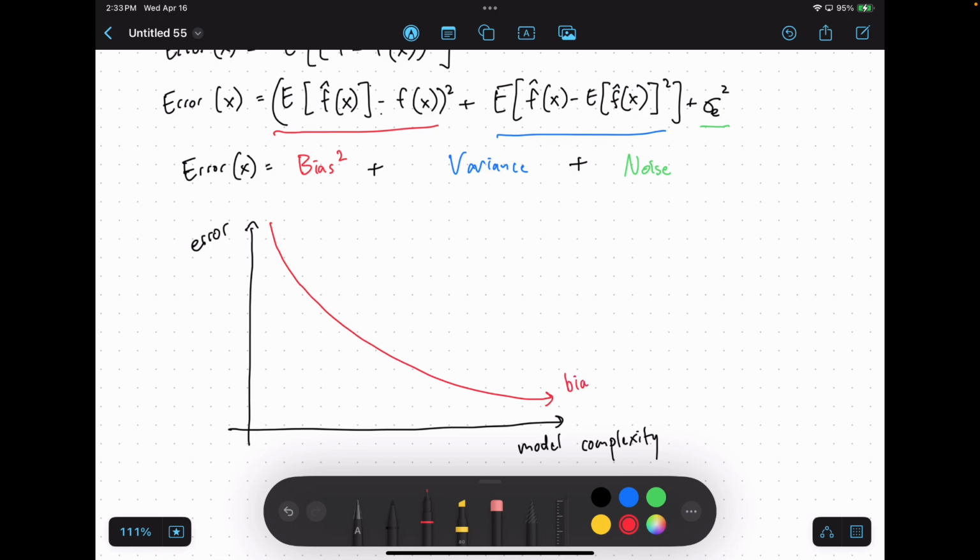Okay? But your variance will increase with model complexity. And our total error looks something like this, the sum of these two.